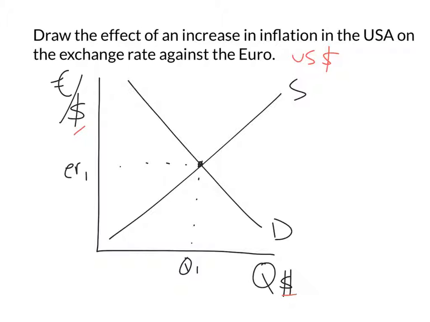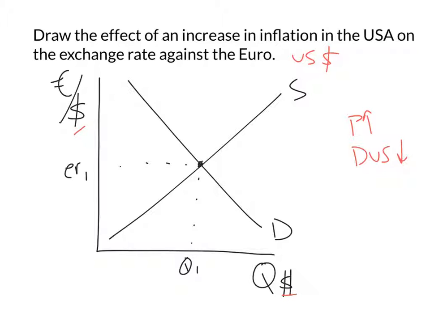So it says to draw the effect of an increase in inflation in the US on the exchange rate against the euro. So if inflation goes up in the United States, the prices of goods and services the U.S. is selling are increasing, which means from the European point of view, the demand for U.S.-made products is going to go down because their prices have gone up.